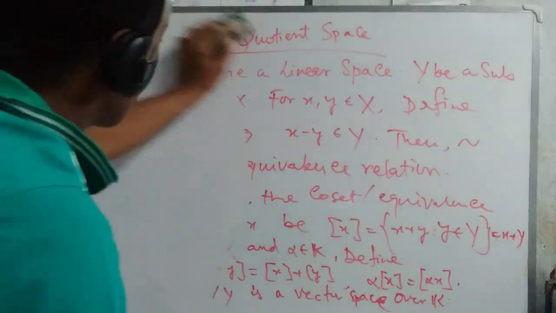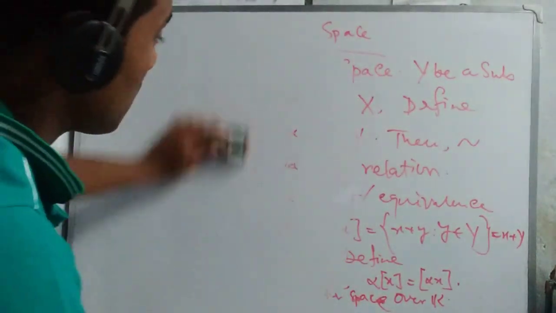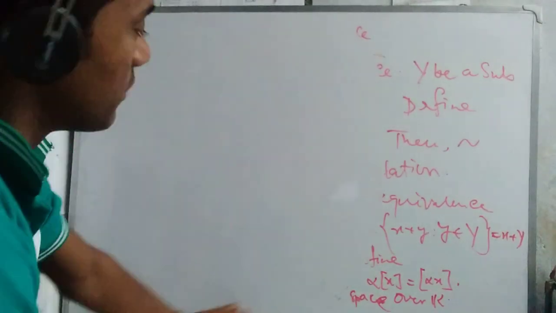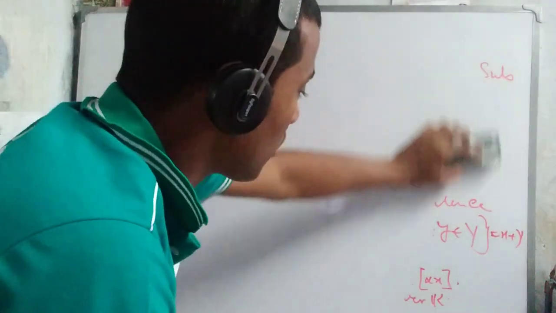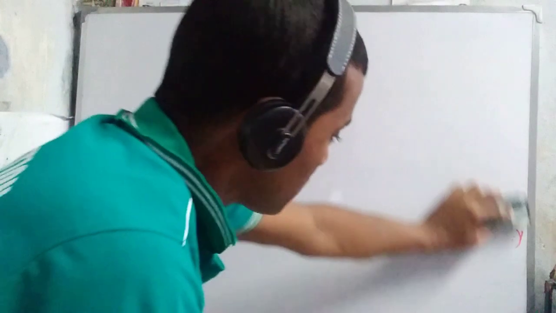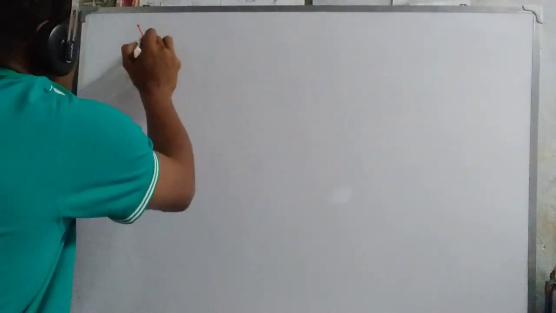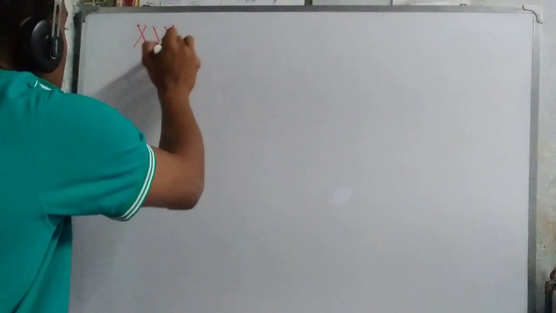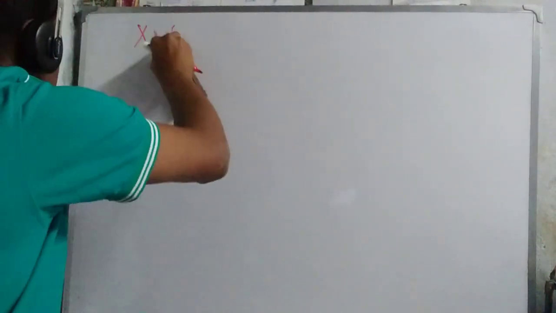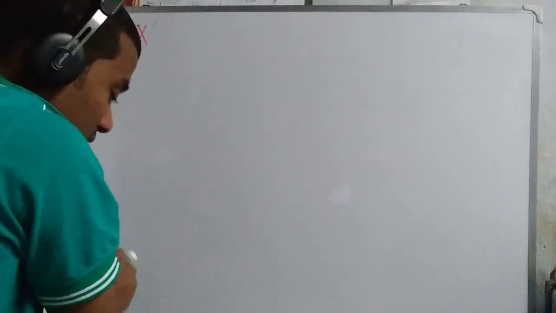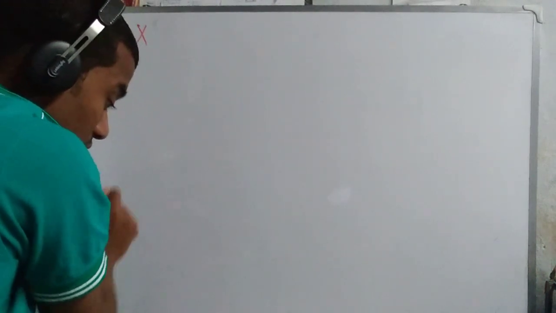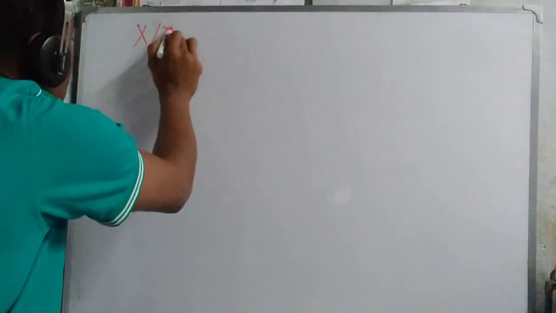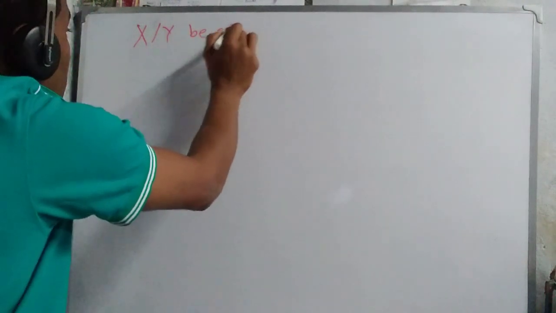We talk about now quotient space, and obviously we see that the quotient space is a vector space. Now we talk more about the quotient space. So more is what? X quotient Y is a normed space.